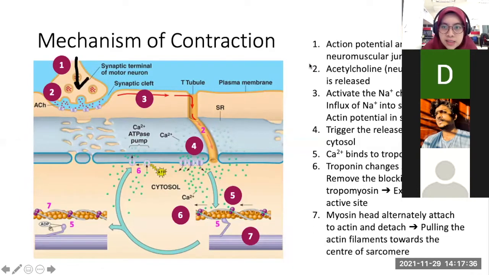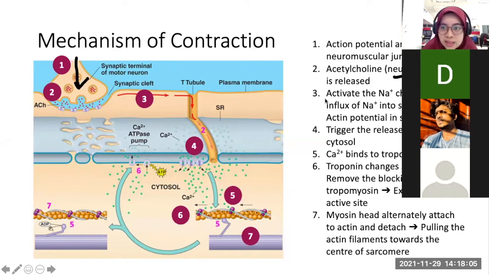So what's next? When the action potential arrives at this junction, it will trigger the release of acetylcholine. Within these vesicles is acetylcholine, or ACh for short. This is an important neurotransmitter, especially in muscle contraction. The release of acetylcholine will activate the sodium ion channels, the purple channels over here.